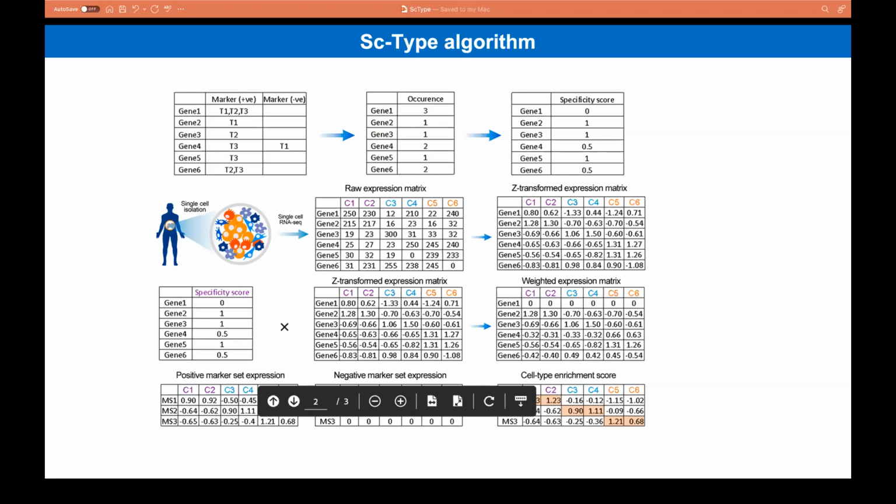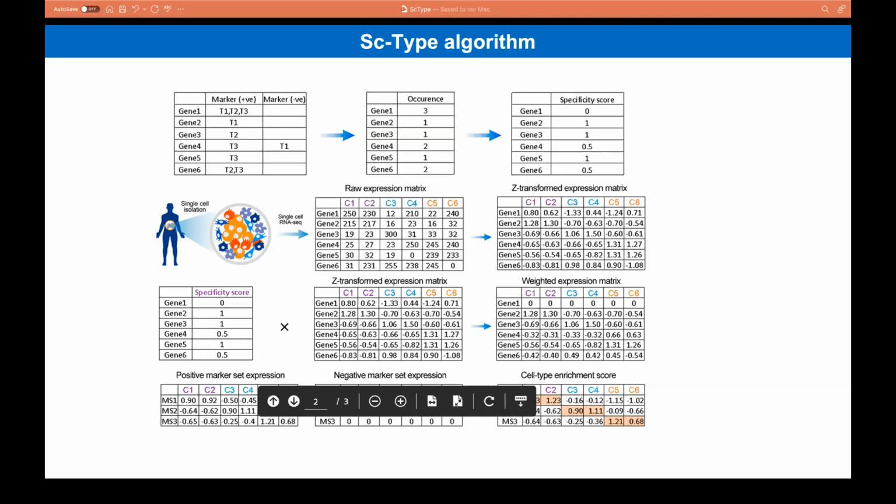We are not selecting anything from the raw single cell RNA matrix, as many methods do. They just take the most variable genes. No, we match the genes from our database to the raw expression matrix, and we take the match.